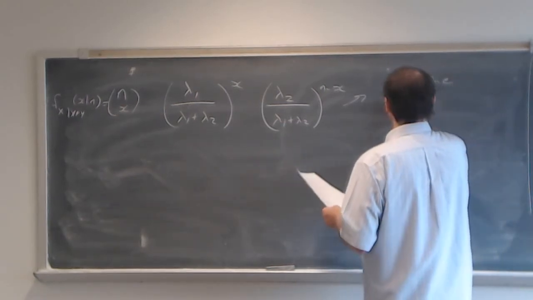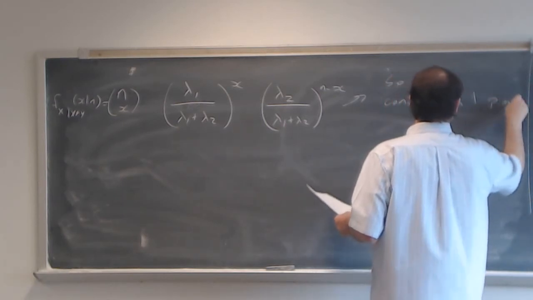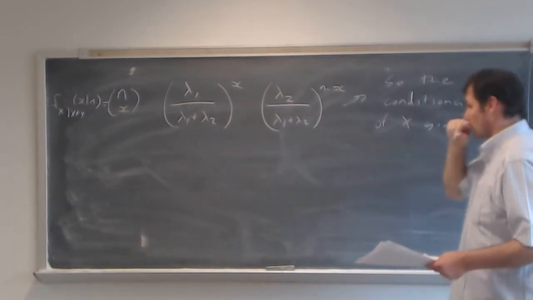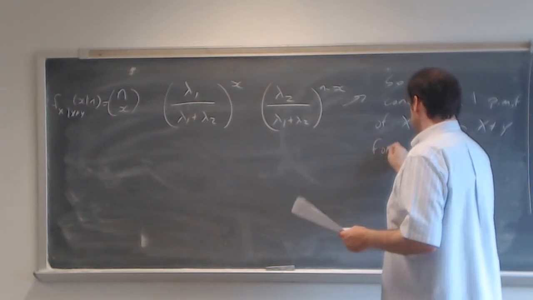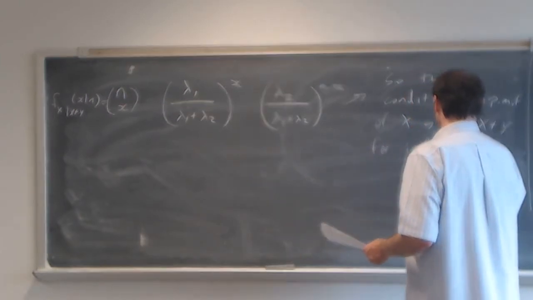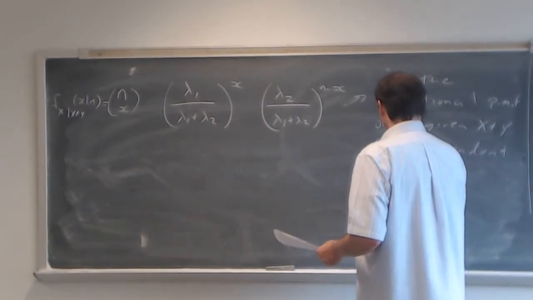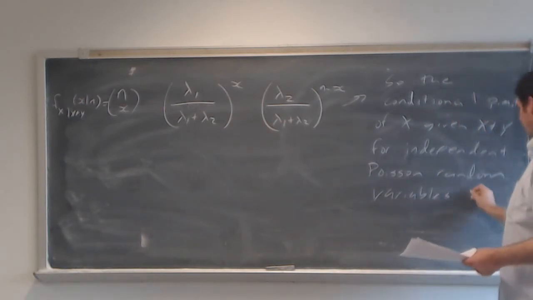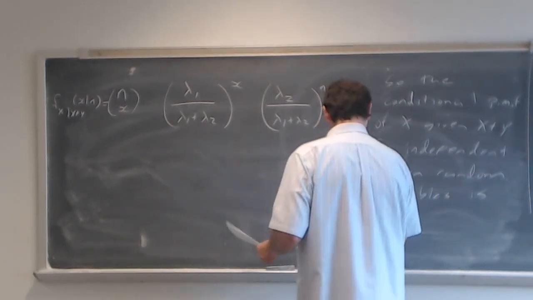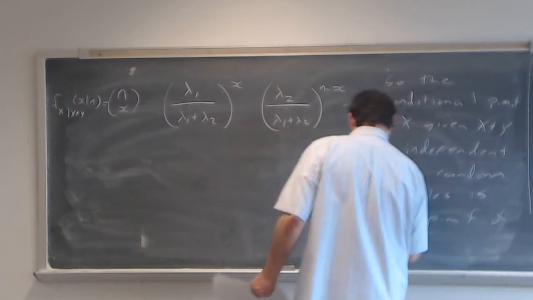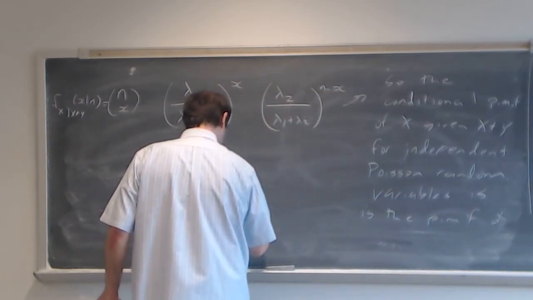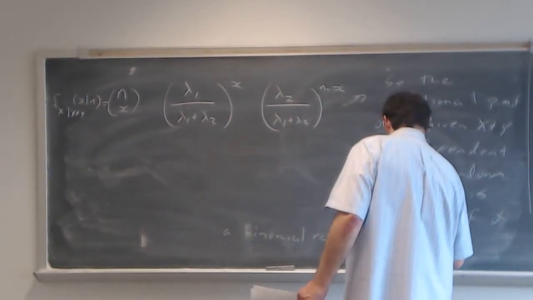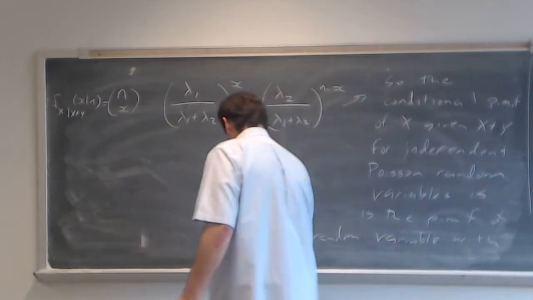So overall, what I can say is this. The conditional PMF of X given X plus Y, that's what we're looking at, I wrote it on the side there, for independent Poisson random variables is the PMF of a binomial random variable with p, what's p equal to?